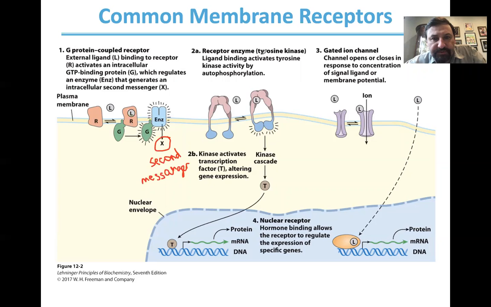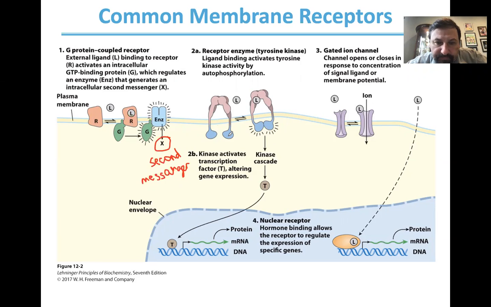Now this is a receptor tyrosine kinase. We talked about insulin receptor, for example. The way this usually will work is, in many cases this will be a homodimer, right? And it will have tyrosine residues on both sides, and there is enzymatic function on both sides.